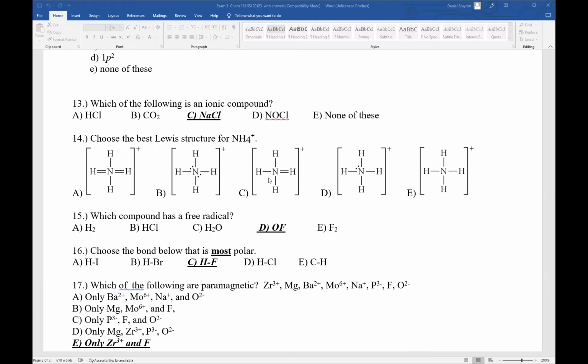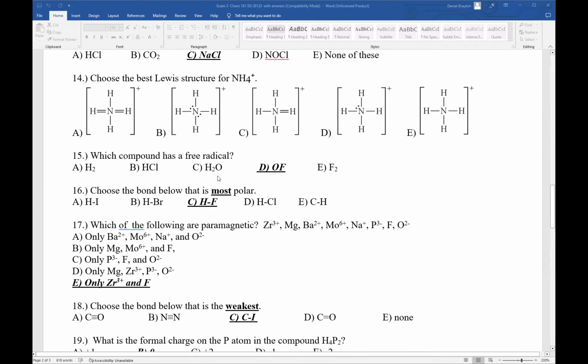It's in period 2, and it can't have more than 8 electrons around it. So it drives OChem professors nuts, makes them very upset when you have carbon that has 5 bonds, which means 10 electrons around it.